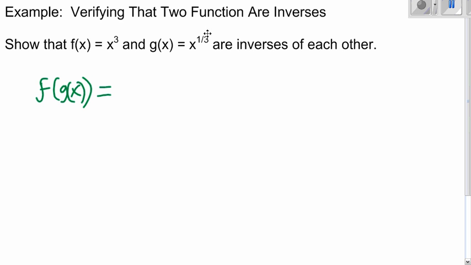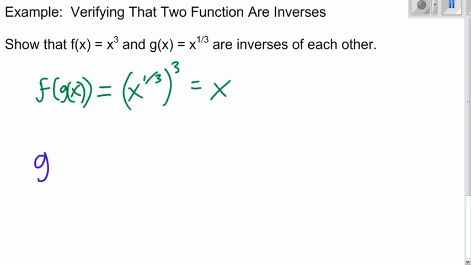So we're going to have x to the 1/3 to the third. You have a power to a power, you just multiply, so that would be x to the 3/3, which is just x, which is what would happen if these were inverses.